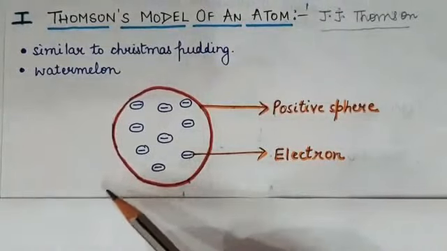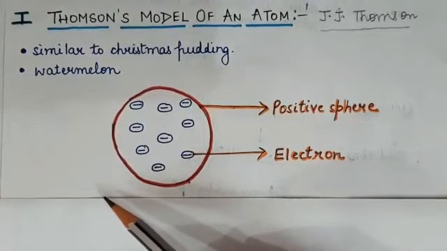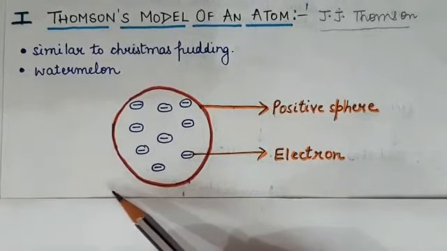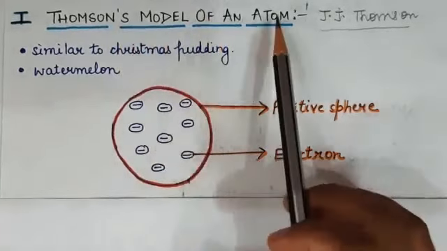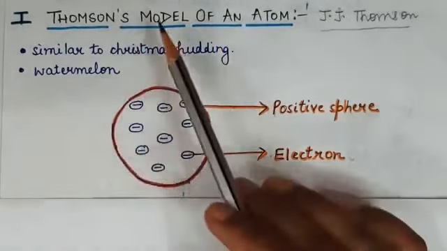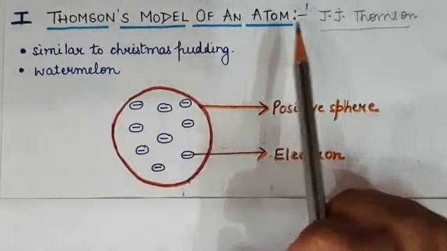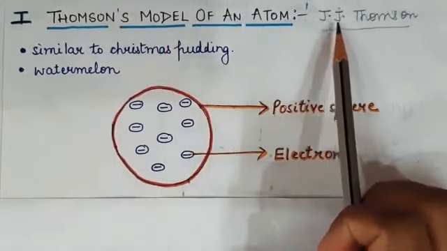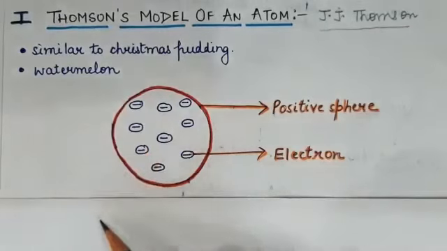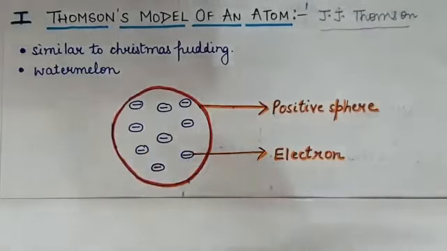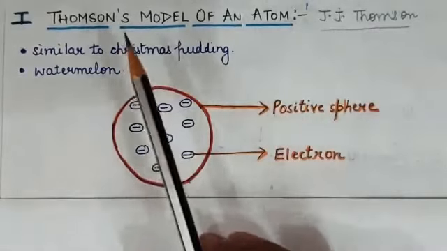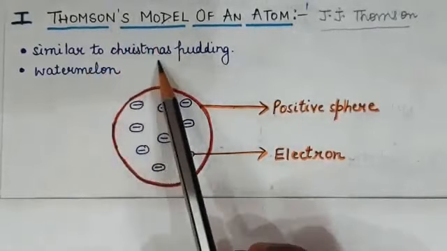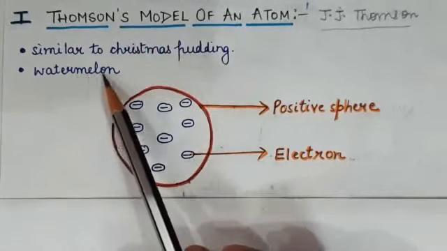The first model given to explain the distribution of electron and proton was Thomson's model of an atom. This model was given by a scientist named J.J. Thomson. He compared his model to Christmas pudding and watermelon.